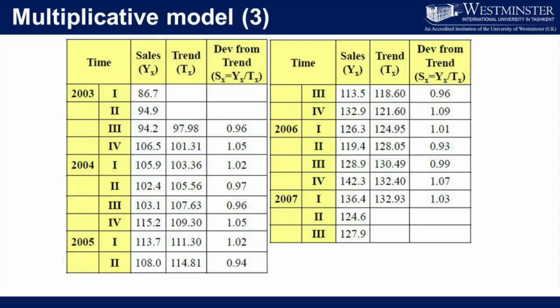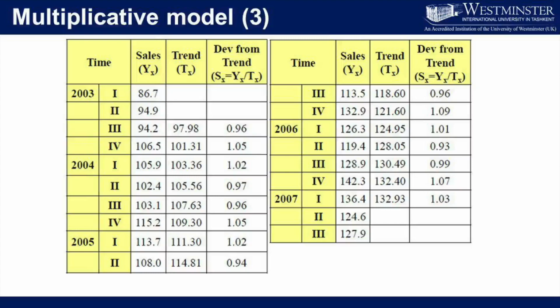Okay, so these are the same numbers. To find the deviation from trend, you divide y by t, the actual data by the trend. And you get these deviations from trend. All right, they are all close to 1, and none of them are negative.